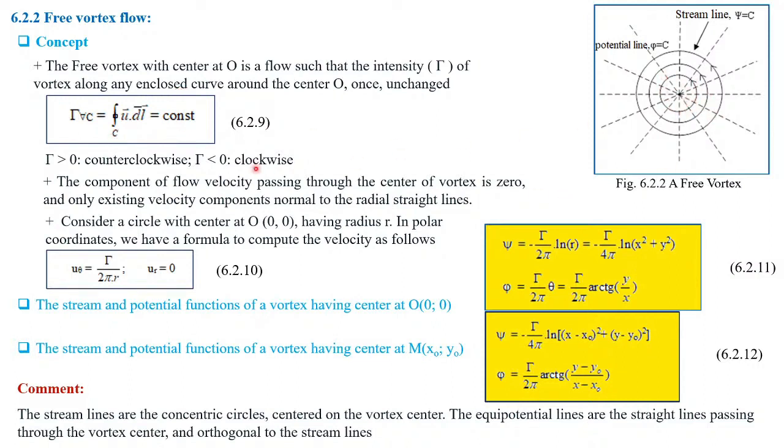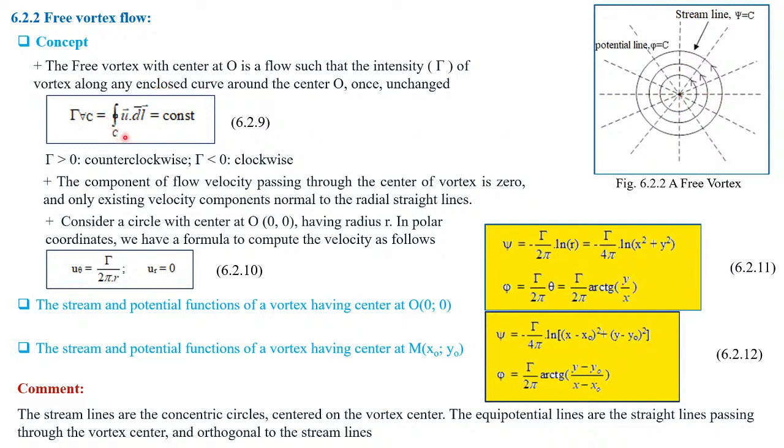and this encloses the point where the free vortex occurs. Now we consider the center O. That means we take any closed curve about the center O, an enclosed curve.